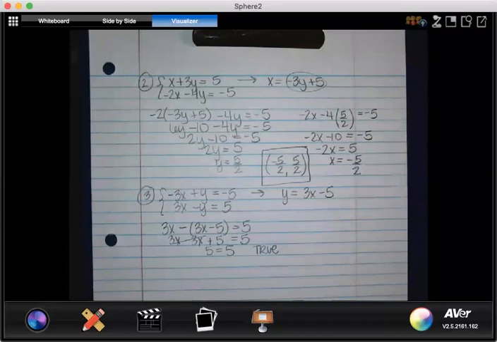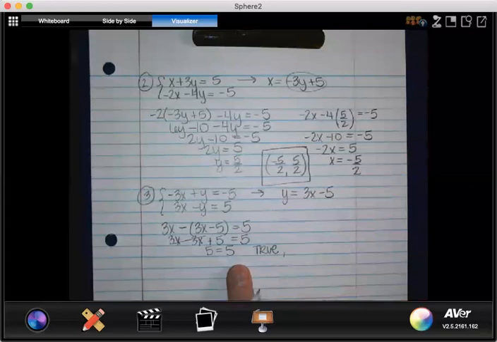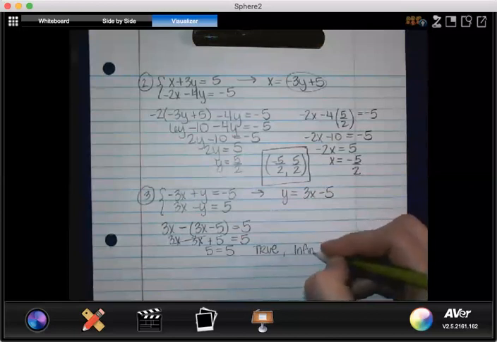We had no solution and we had infinite solutions. If we were to have a true statement, do you think that would mean no solution or infinite solutions? Hopefully you're saying infinite solutions makes more sense, and you'd be correct. And so because we came out to a true statement of a number equaling another number exactly, that means we have infinite solutions.